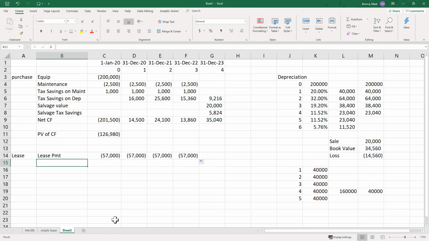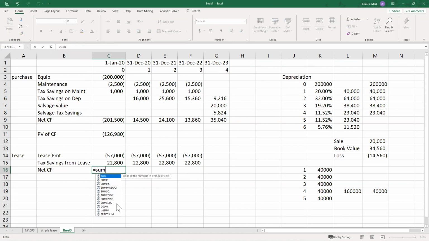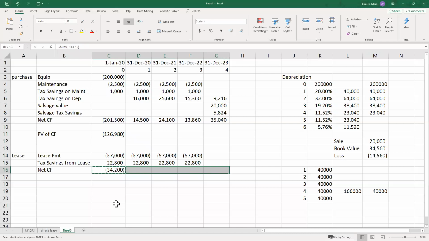And so that has a tax savings associated with it. So the tax savings, again, is minus, I'm going to do minus 0.4 because it's a positive number, is 40% of whatever the expense was. So we have a savings of $22,800 per year. So our net cash flows are the same in each year.